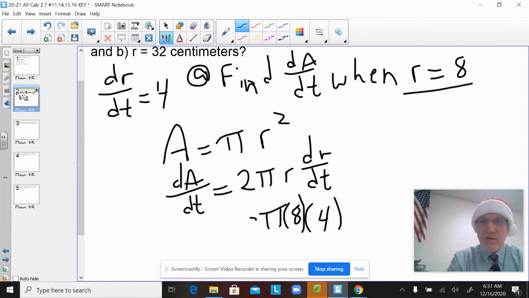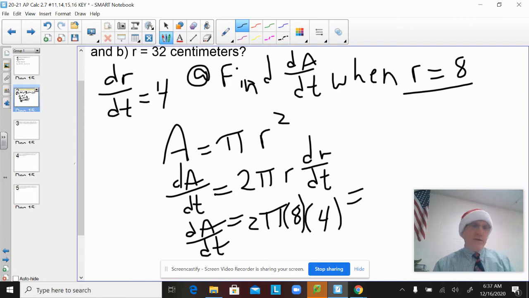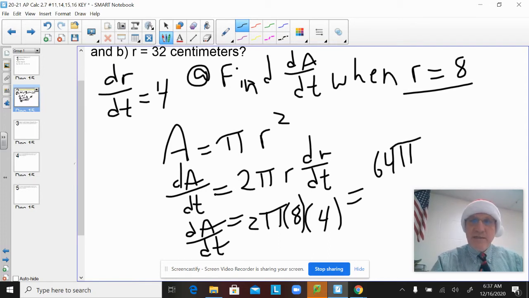That's a pi and that's a 2. That turns out to be 64 pi, I believe. So it'd be 64 pi, and again, let's be comfortable with the units. This is area with respect to time, so that is centimeters squared in this case, and it happens to be per minute.